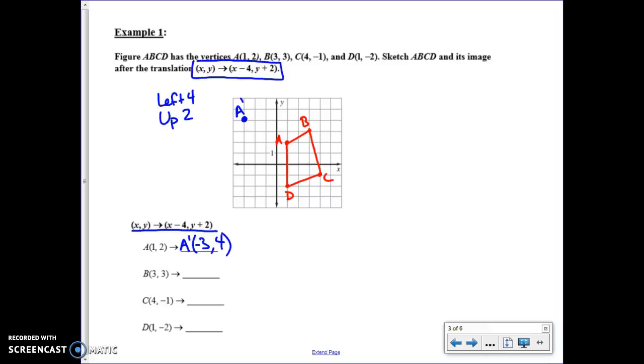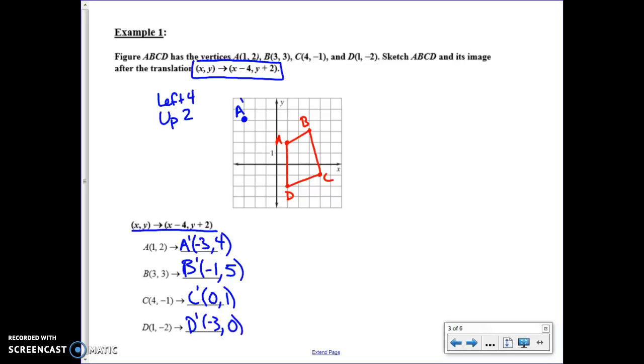So 3 minus 4 for B prime would be negative 1, and 3 plus 2 would be 5. For C prime, 4 minus 4 would be 0, and negative 1 plus 2 would be 1. For D prime, 1 minus 4 would be negative 3, and negative 2 plus 2 would be 0.